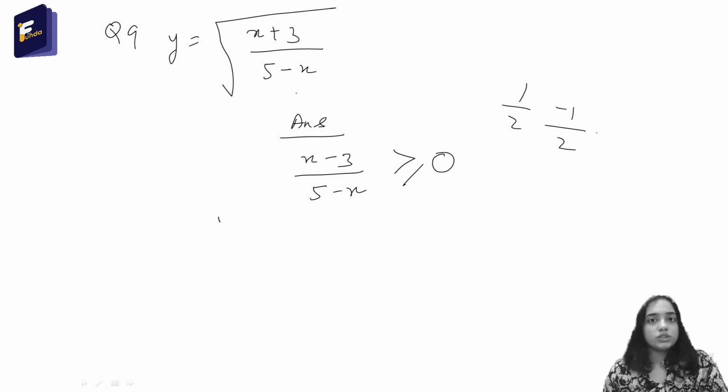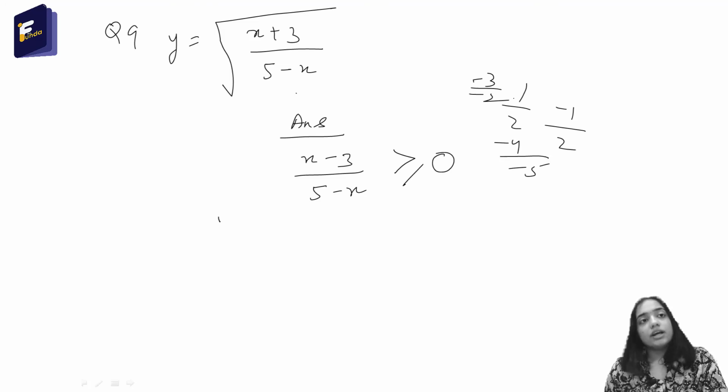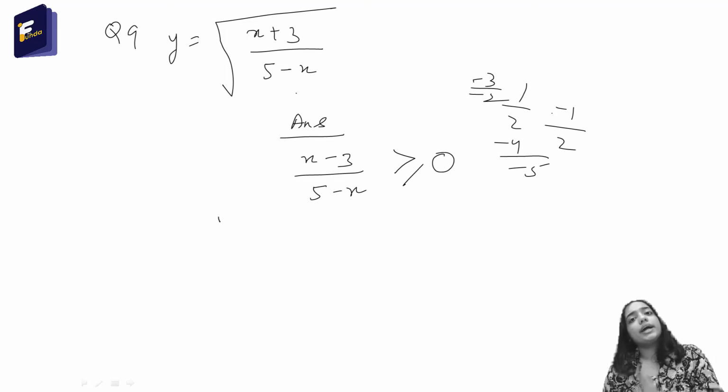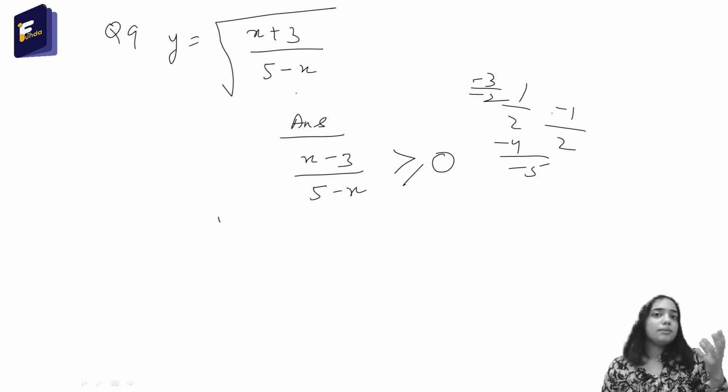If you divide a negative number by a negative number, then also you will get a positive number, like -3 by -2, -4 by -5. But if you divide a negative number by a positive number, or a positive number by a negative number, then you are going to get a negative number. This is a basic thing we already know, so we are going to apply this concept in this question.